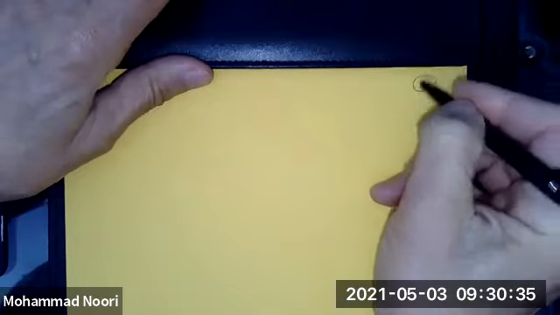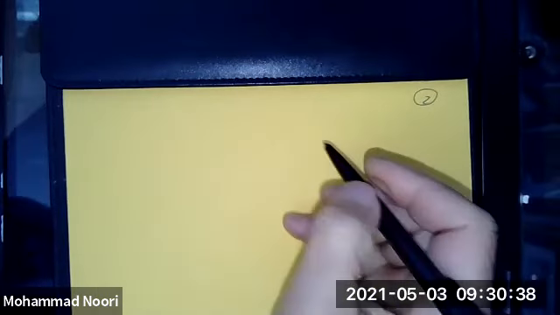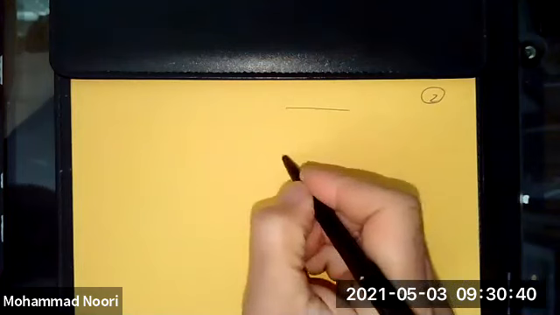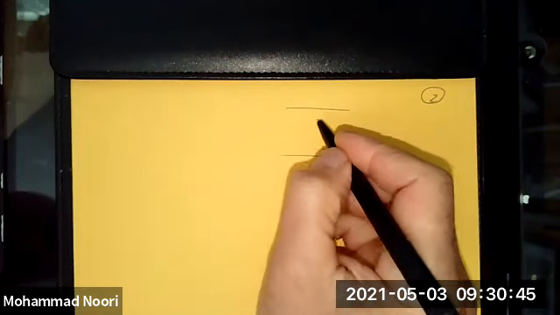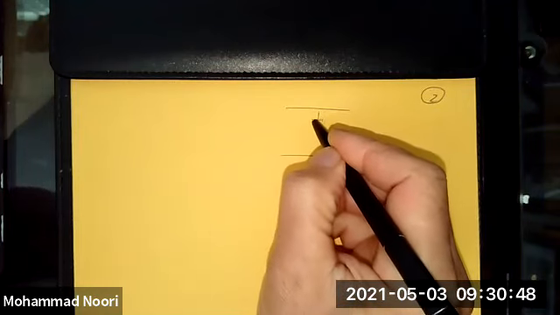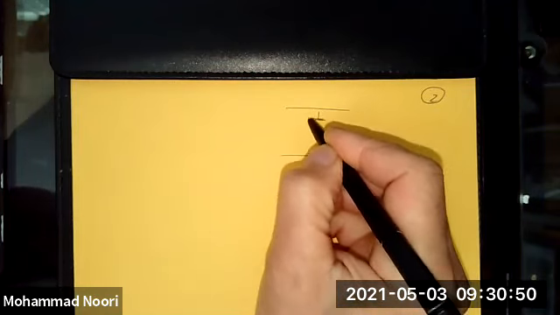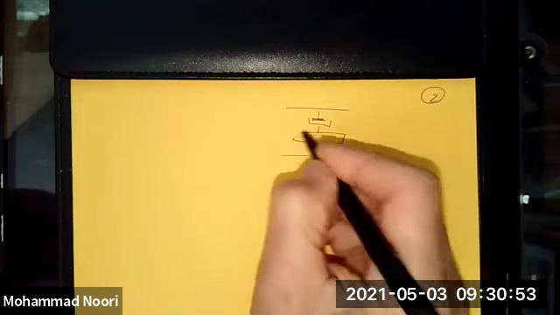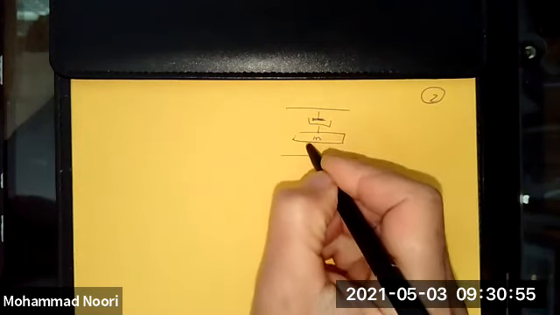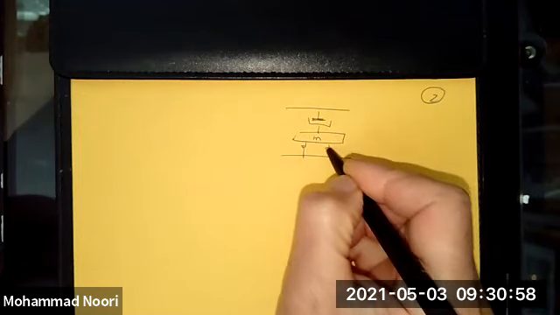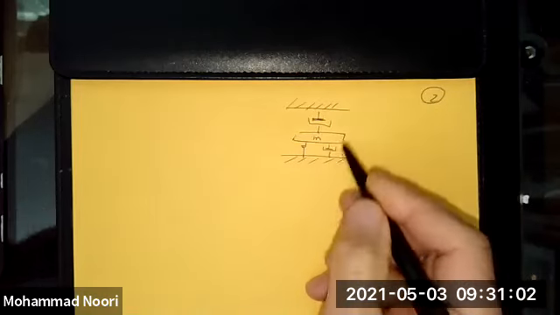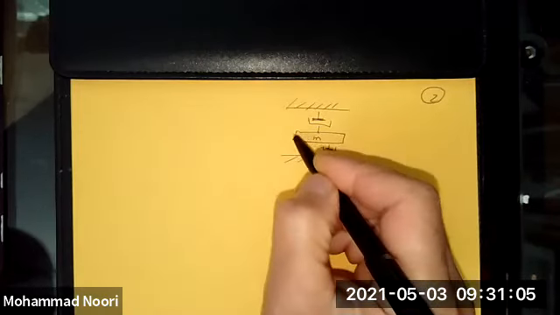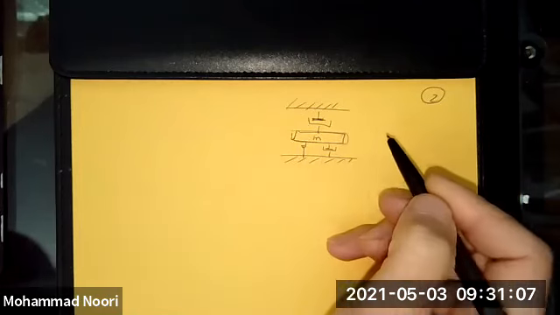Okay, so this is another example. Let's say we have a sensitive equipment that is maybe buried underground. You have a damping system on the top and below, supporting this sensitive equipment, which is this mass.